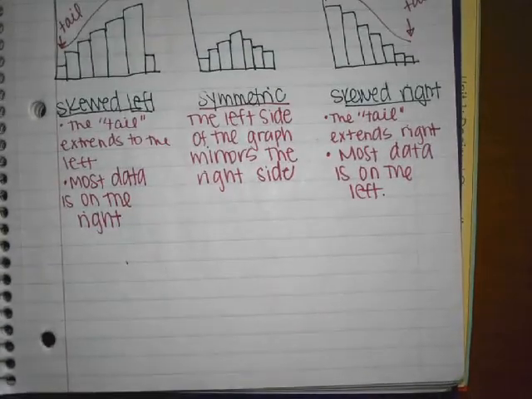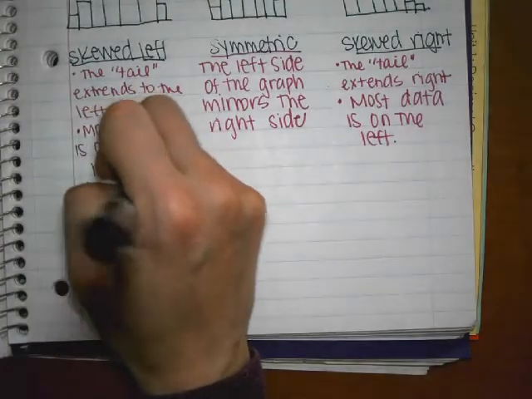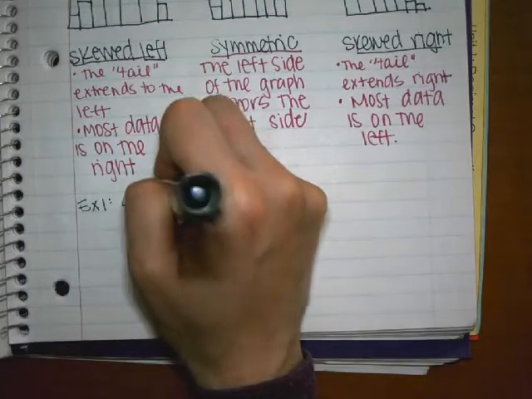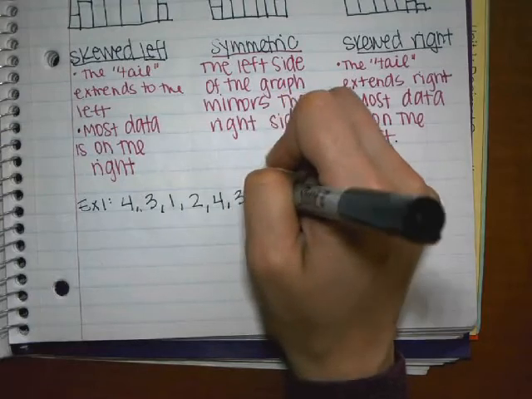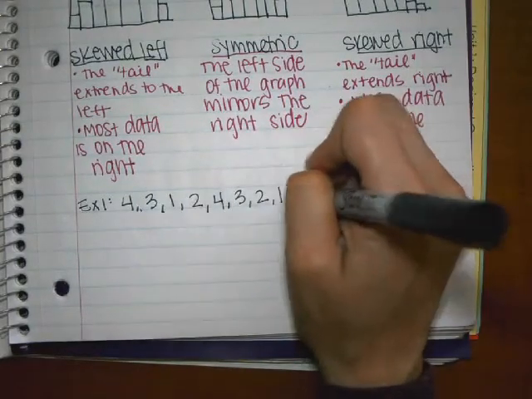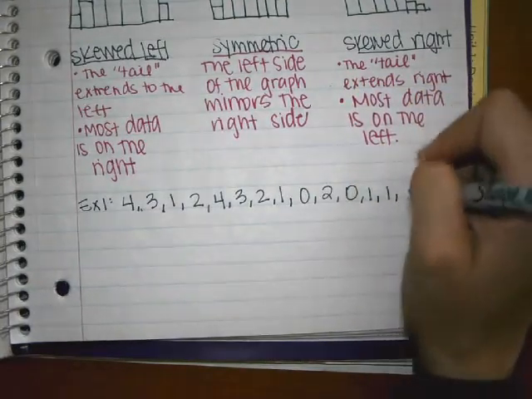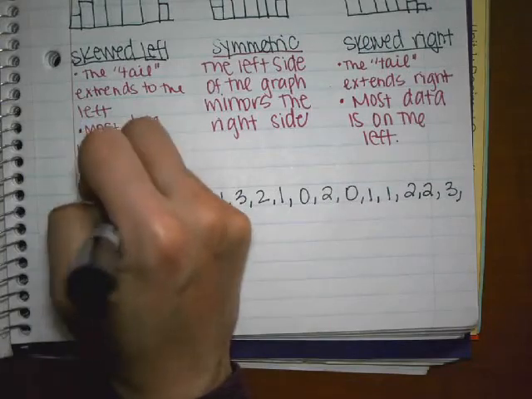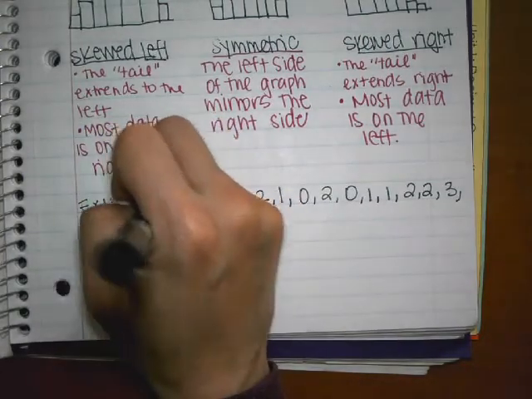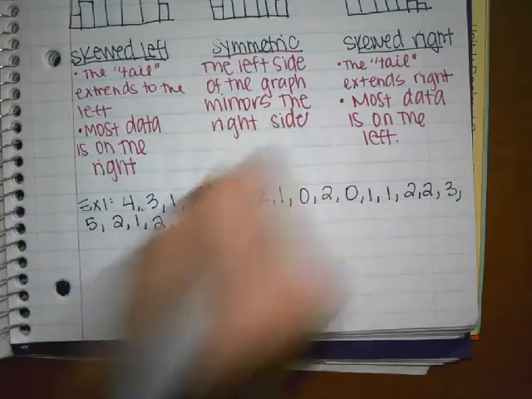Okay, I'm going to give you guys a list of numbers. Are we ready? Okay, so here's my list of numbers. 4, 3, 1, 2, 4, 3, 2, 1, 0, 2, 0, 1, 1, 2, 2, 3, 5, 2, 1, 2, 3, 1, 1.